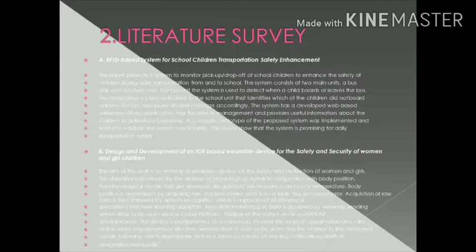This objective is achieved by the analysis of physiological signals in conjunction with body position. The physiological signals analyzed are galvanic skin resistance and body temperature. Body position is determined by acquiring raw accelerometer data from a triple axis accelerometer.